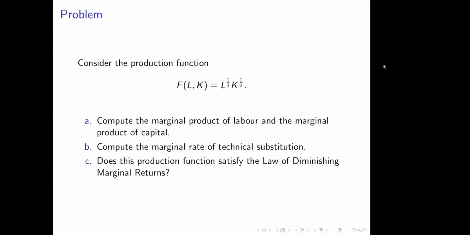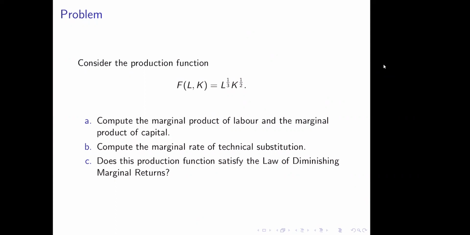Now let's try to work with this production function. The handout that I uploaded in Blackboard already shows you the answer, so if you haven't looked at those answers, try not to look yet and solve this by yourself.